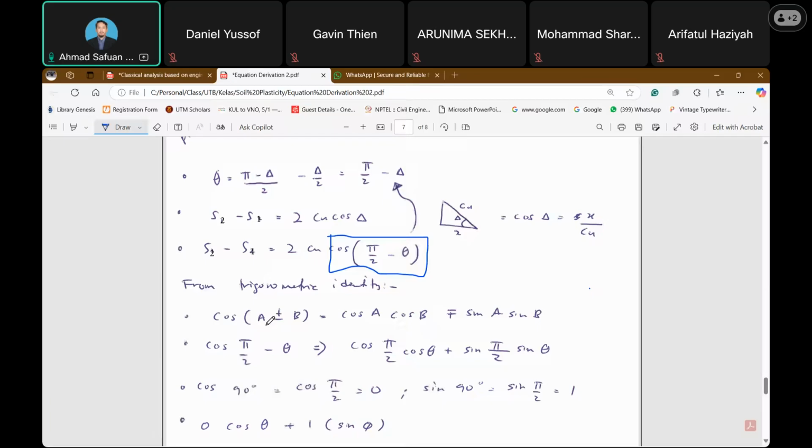So at the end, the value is equal to sin theta. So we have proved that 2Cu cos of pi over 2 minus theta is equal to 2Cu sin theta.